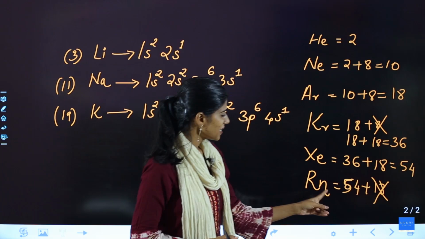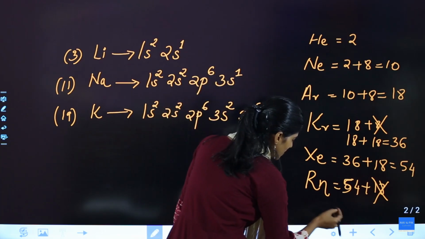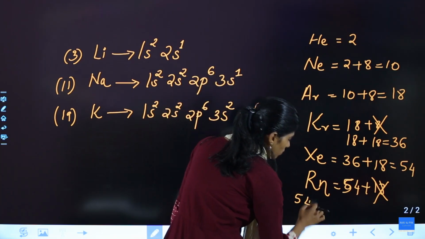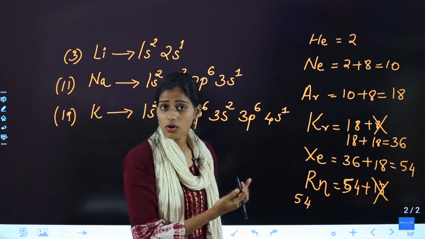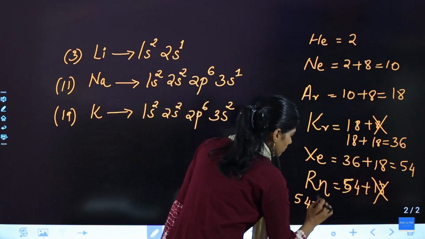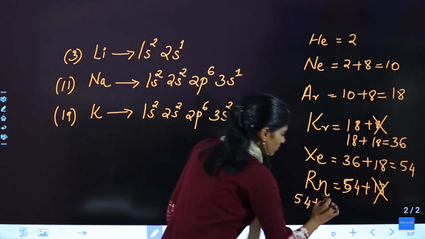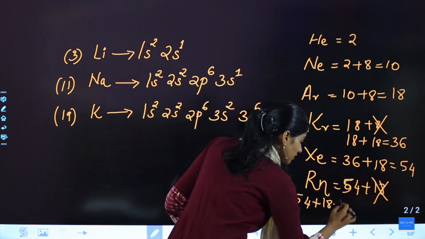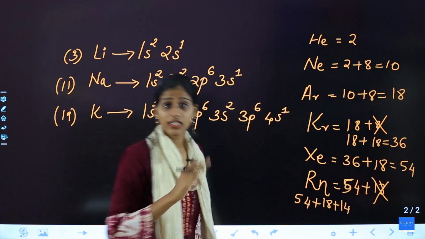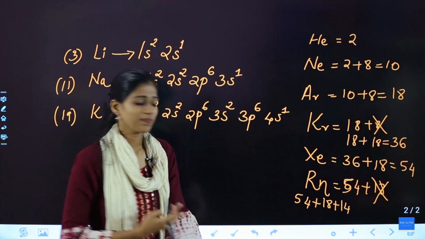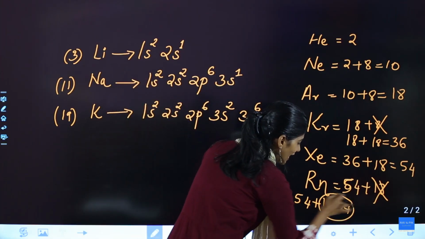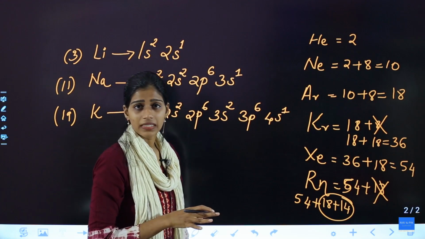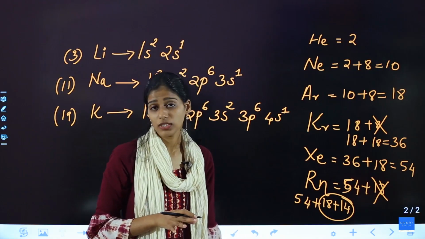So, when you consider radon, it will be 54, which is the atomic number of xenon, 54 plus you need to add 18, because anyway there are 18, plus you have 14 lanthanoids which are placed at the bottom. So, literally you are adding 32, right. 18 plus 14 is 32.